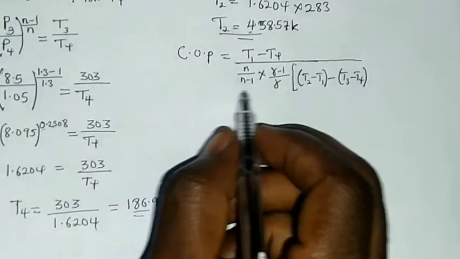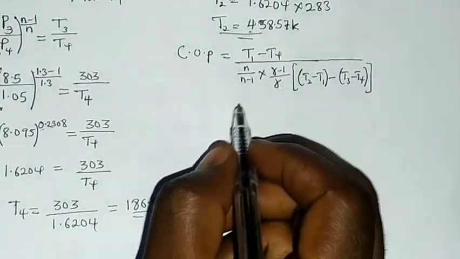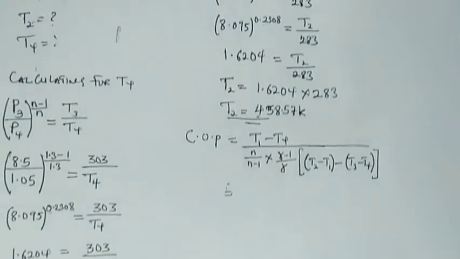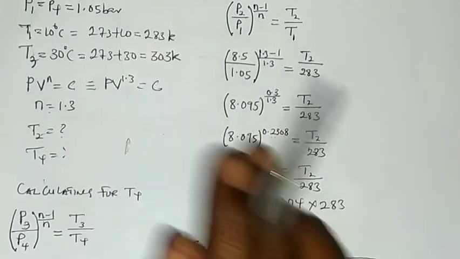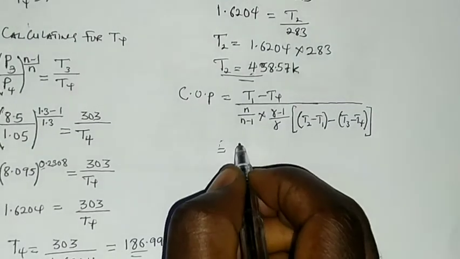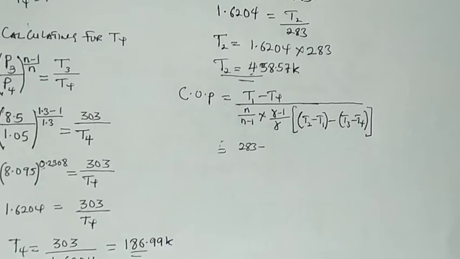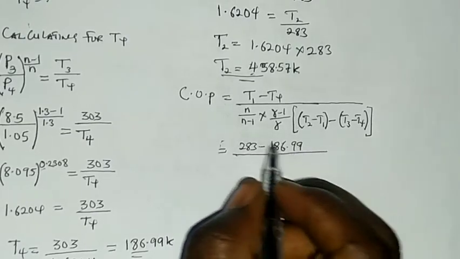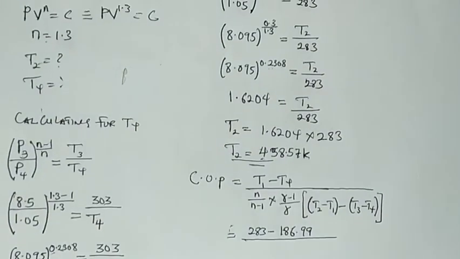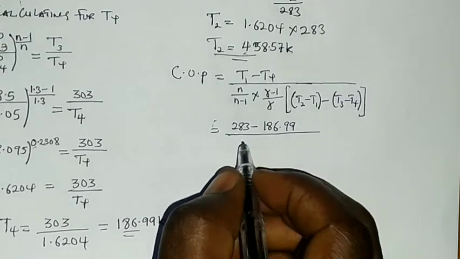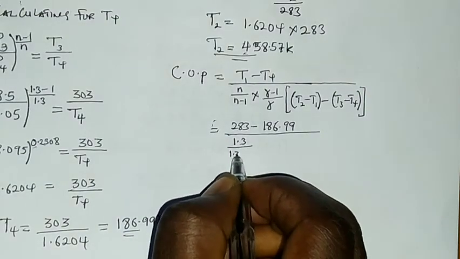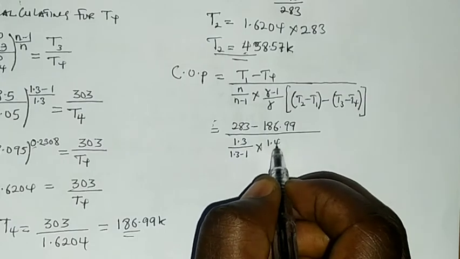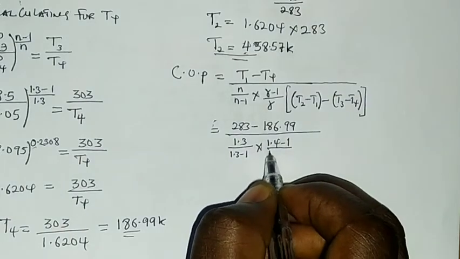Let's put in our values. T1 is 283, so 283 minus T4, 186.99, all over n, which is 1.3, over 1.3 minus 1, multiplied by gamma, a constant for an isentropic process, (1.4 minus 1) over 1.4.